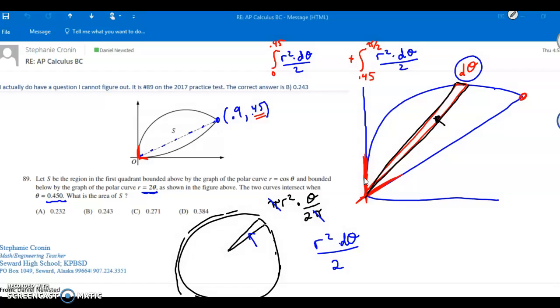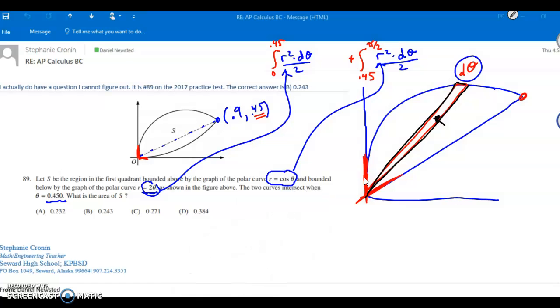Now the only thing left is to plug in the functions that represent r. For the second function, up here, it's going to be cosine of theta. And for the first one, it's going to be 2 theta. You can rewrite those.